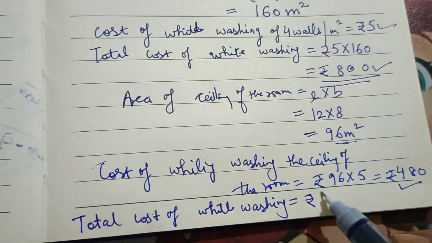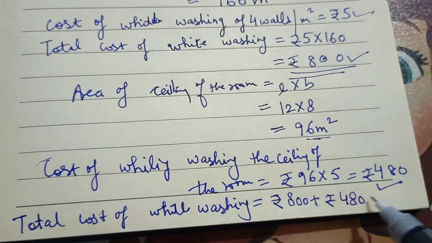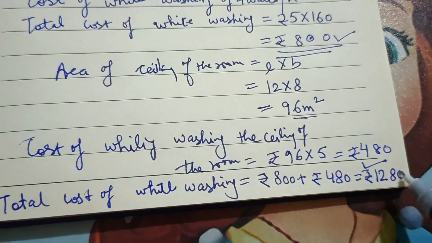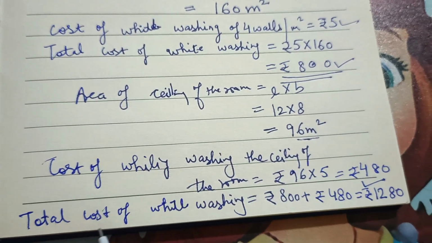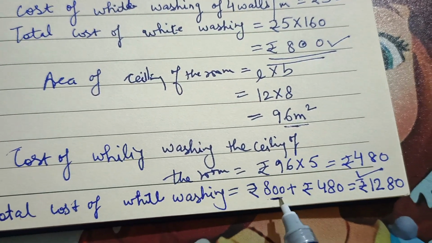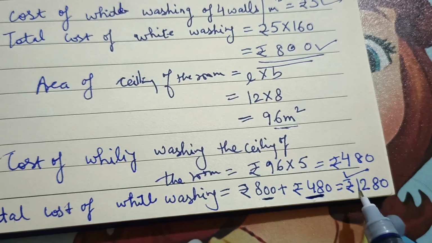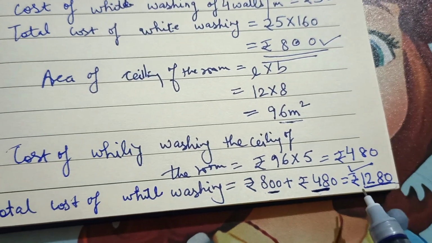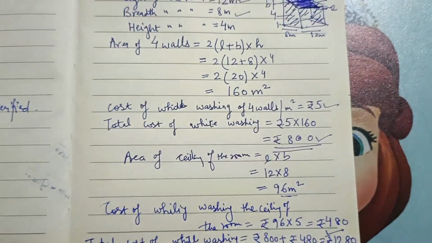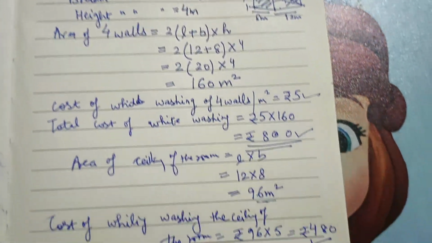So 800 plus 480 equals 1280 rupees. This is the total cost of whitewashing the 4 walls plus the ceiling, that is 1280 rupees. So this was the question, and this is how we solve it.